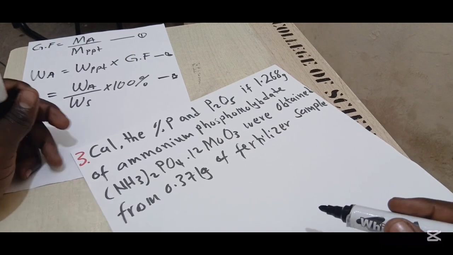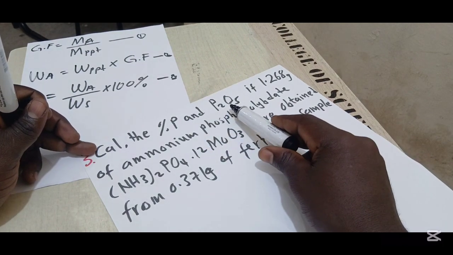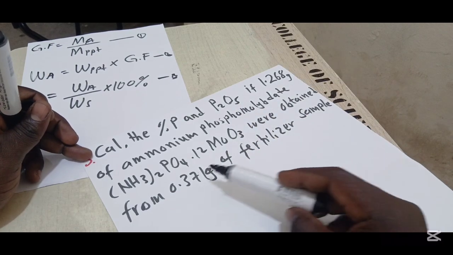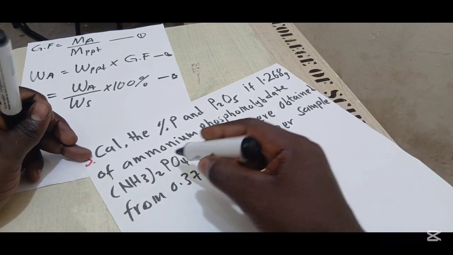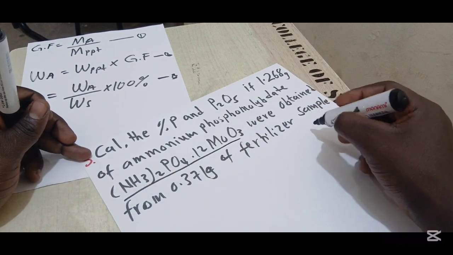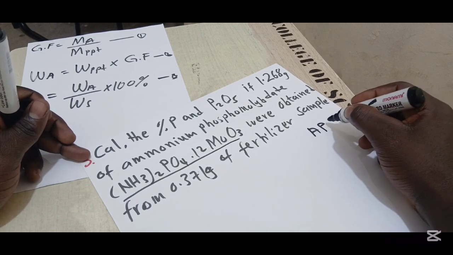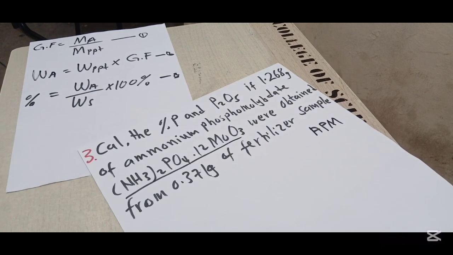In this case, we are going to look out for the percentage of phosphorus and P2O5 in ammonium phosphomolybdate. So let's represent this whole compound by APM.